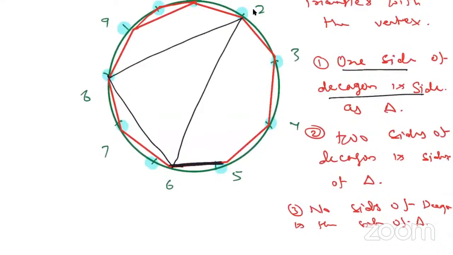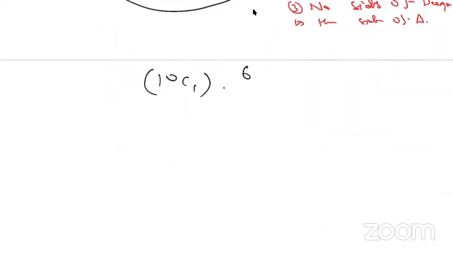So now if only one side is common, so I'm not selecting these two. So already we have selected 5 and 6 and not selecting 4 and 7. So we are not selecting these 4 points. So we have only 6 options. Out of 6 we have to select one when one side of decagon is common to the side of triangle, right?